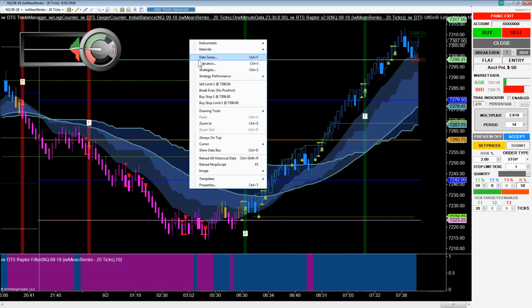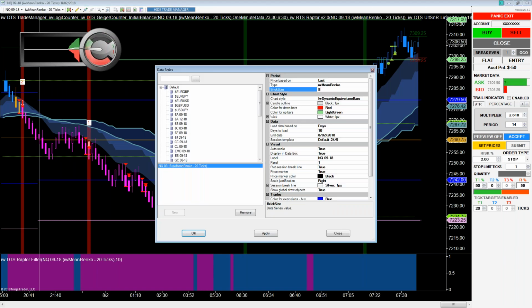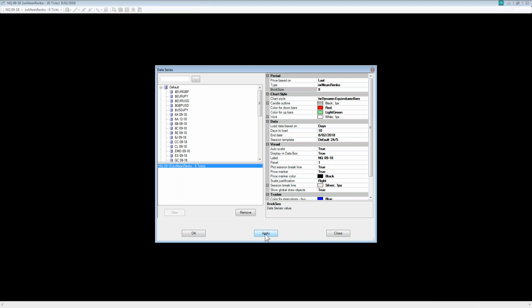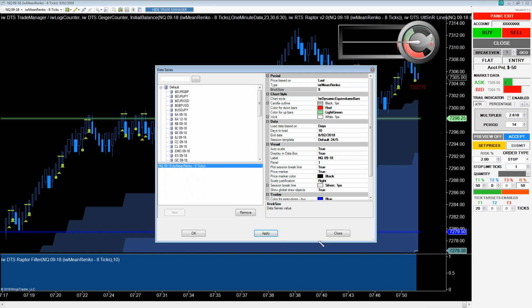All right, so the nice thing about the Raptor, unlike the DTS system that is totally locked, with the Raptor, you can play with it. You can experiment with the settings. Oh yeah, it was Paul. Paul says, I've found that the 20 tick chart really helps with the direction and guidance to keep me in the trade. See, there you go.